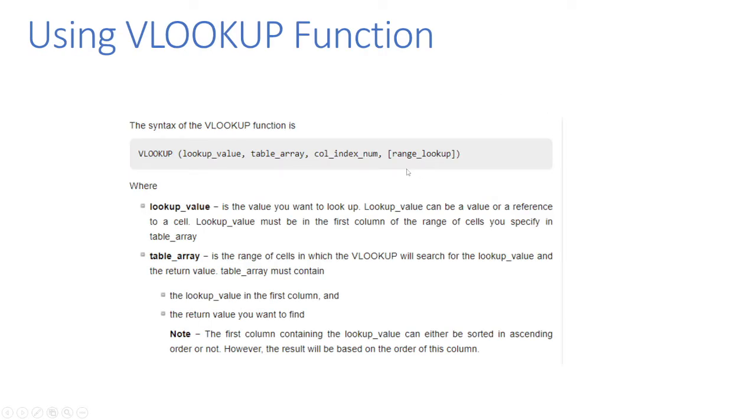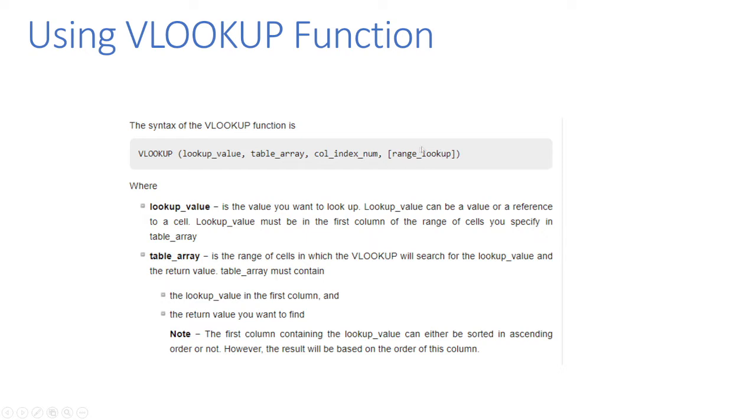Using the VLOOKUP function. The syntax of the VLOOKUP function is VLOOKUP, and then we have the lookup value. This is where we're going to compare the value to a table array. And then we obtain the value from the table array using the column index number.